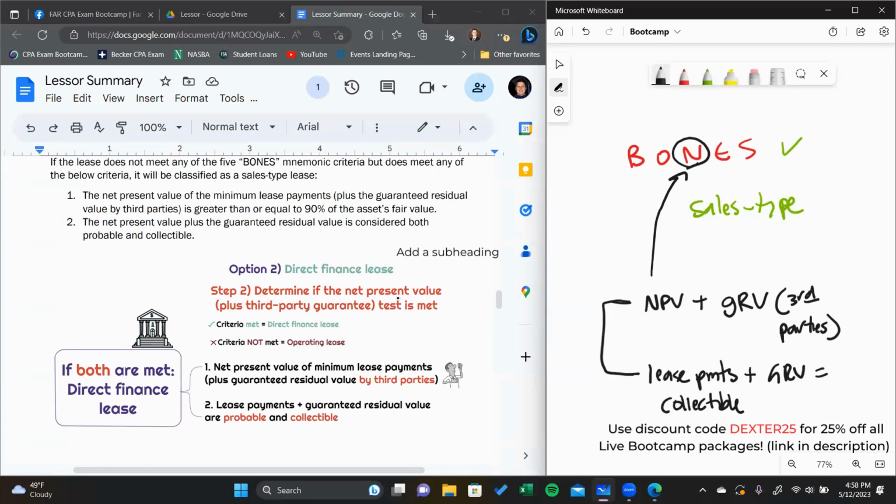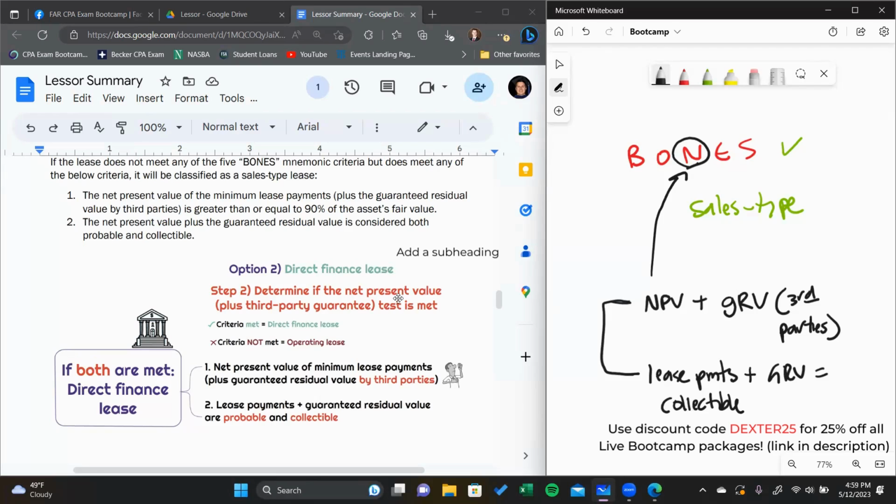Now, if you fail the net present value test again, meaning even with the third party guaranteed residual value you still don't meet 90%, then it's an operating lease. So essentially we have one sub step in between sales type lease and operating lease, right? We start once again by looking at all the bones criteria. If any one of them is met, it's a sales type.